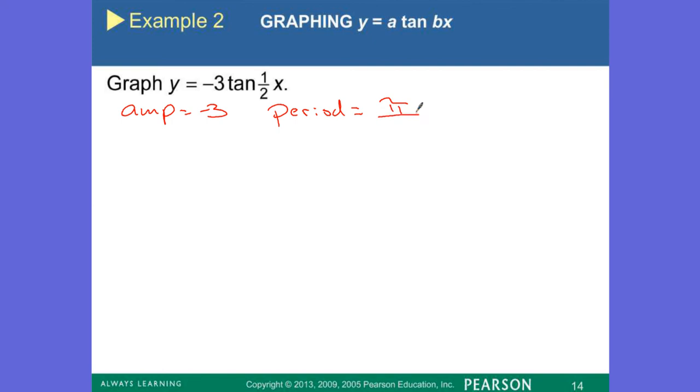Pi over 2, right? Pi over what? No, no. And then you flip it, don't you? And then you do the math. I'm just writing it down. Then it's 2 pi. So it's going to be pi over 1 times 2 pi. I mean 2 over 1, sorry. So my period is 2 pi.